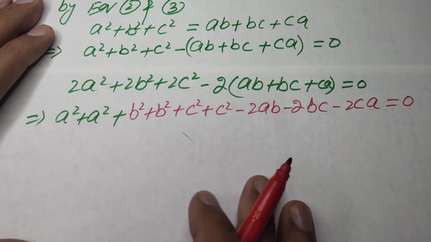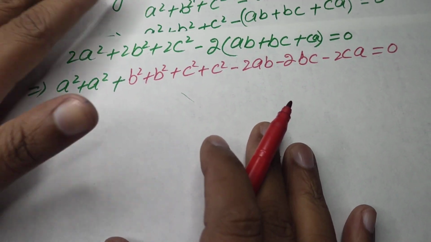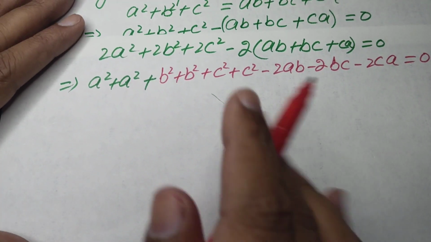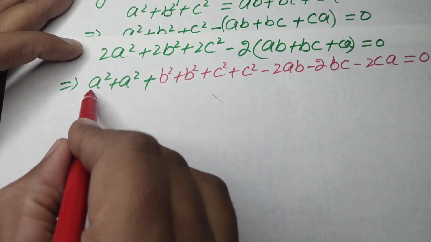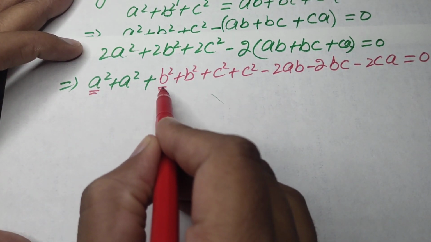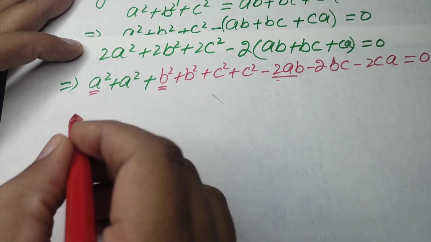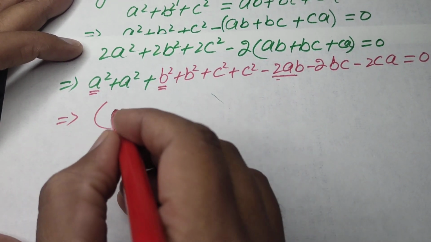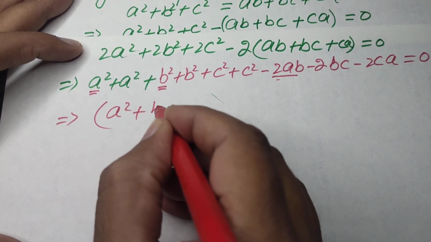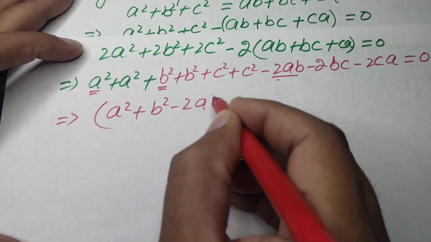Now we will arrange these terms. First I will arrange a square, b square and minus 2ab, and I will write it in this form: a square plus b square minus 2ab.